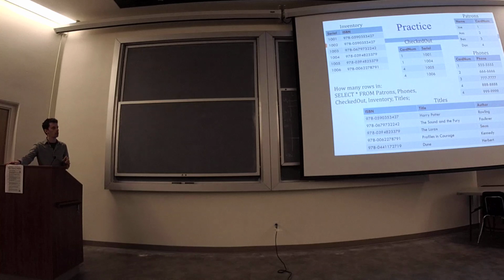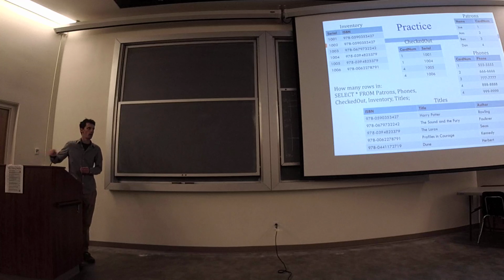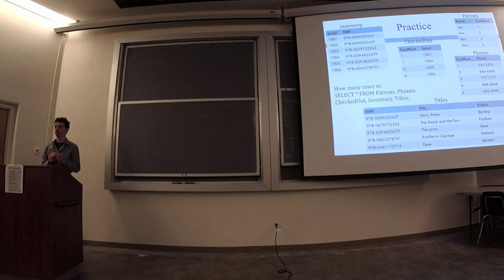I wouldn't expect you to actually work these out, do these cross products and everything. There's a trick, obviously. How many rows in select star from patrons, phones, checked out, inventory, titles? First, remember comma just means join. So how many rows? You would not draw out the entire cross product. You wouldn't be able to.